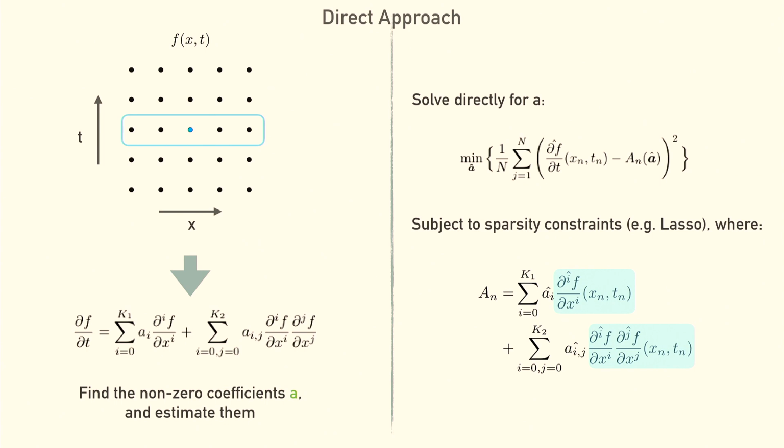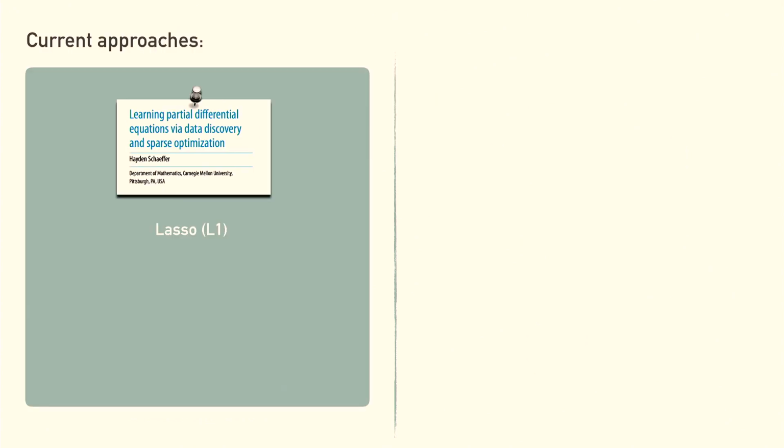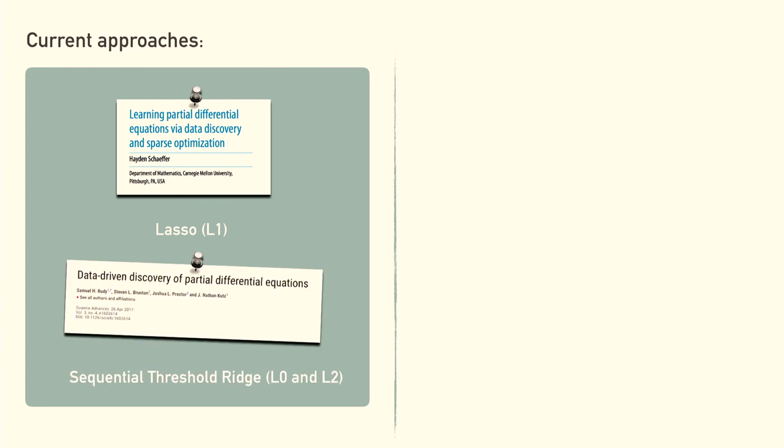So the idea then is that you could use regression, or what's shown to work better is sparse techniques. For example, one of the pioneering papers showed that lasso or L1 regularization can work pretty well. And a further paper came out that found that actually this idea of sequential threshold ridge regression works better, which is a combination of L0 and L2 norms.